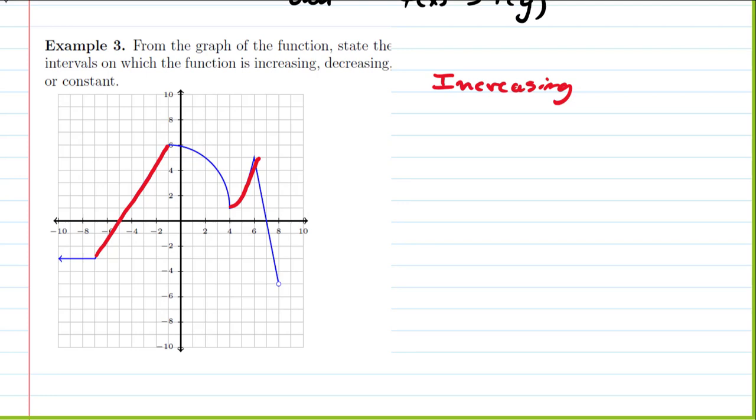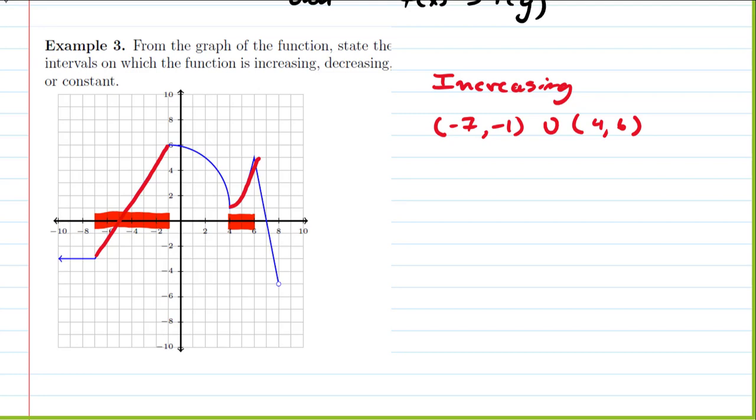So our function is increasing here and here. So it's going to increase from -7 to -1, and it's also going to increase from 4 to 6.